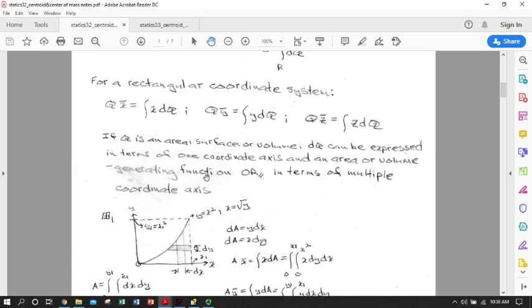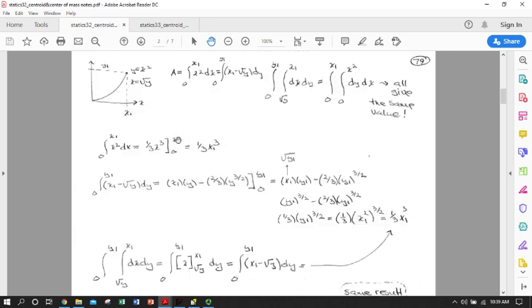Now that we're going to look at actually putting this into practice, we can define, if we just have a length, like a wire in some shape, and we want to look at the X centroid or Y centroid of the wire, we'll be integrating in just one dimension. So there'll be a dx or a dy, a ds in terms of some X or Y function. But if we have an area, we're going to end up with a dx and a dy to basically give us a dA.